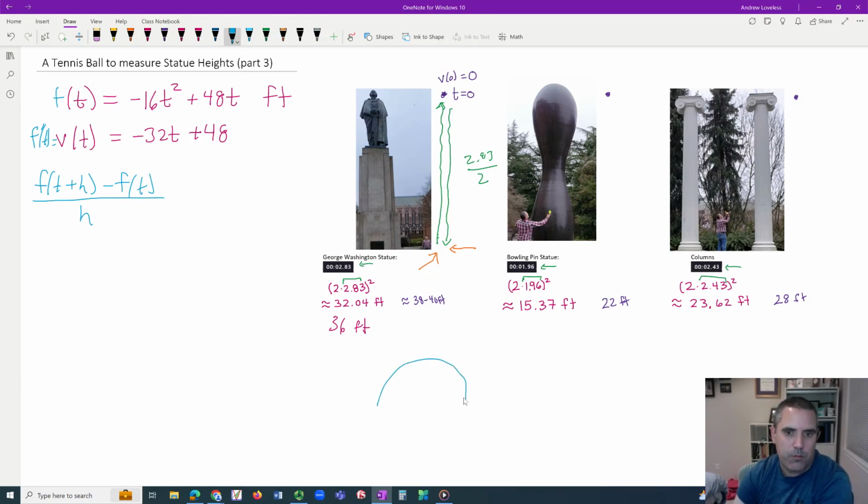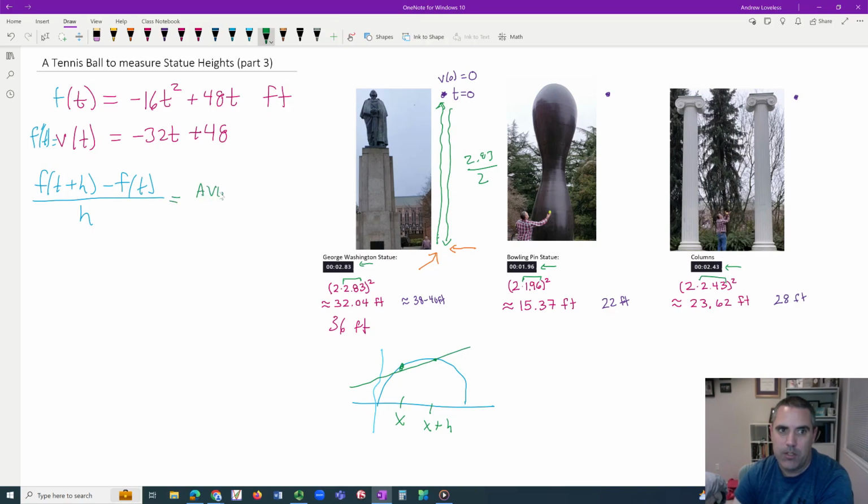Students are fighting with this right now in my class. They've got some parabola, and they have 2 points, x and x plus h, and they're trying to find the average speed between those two, which is what this is.